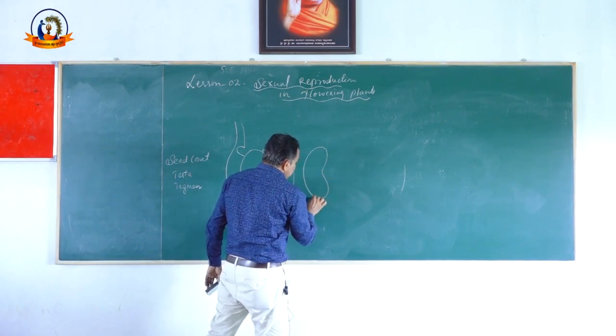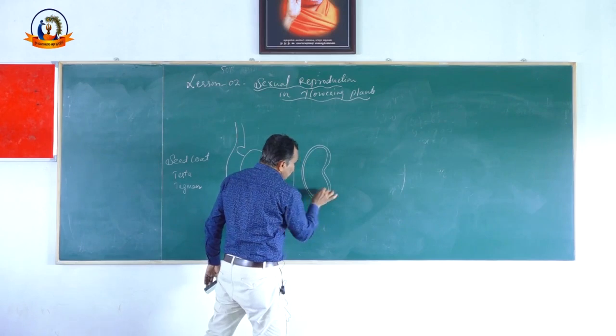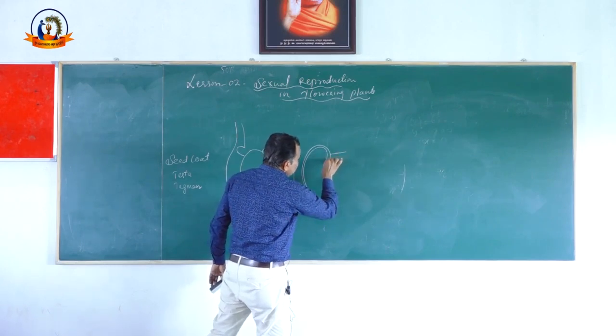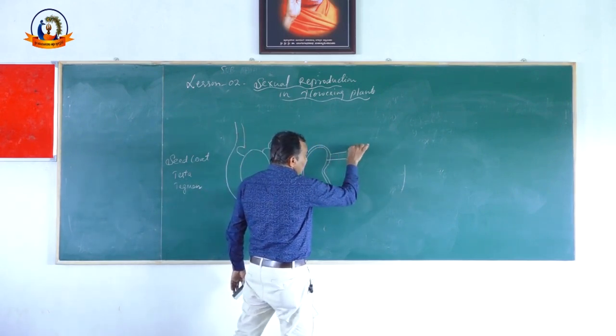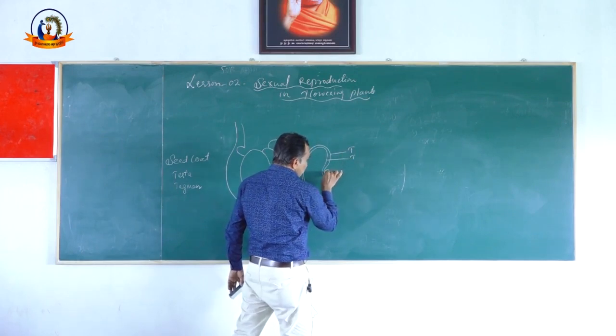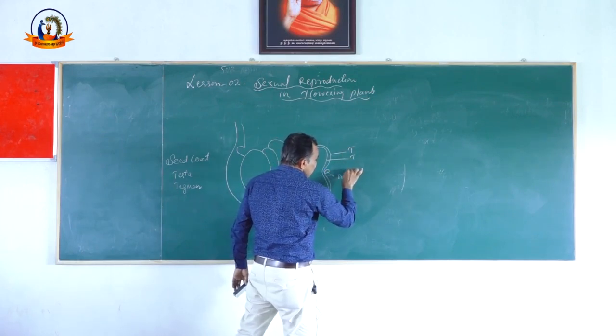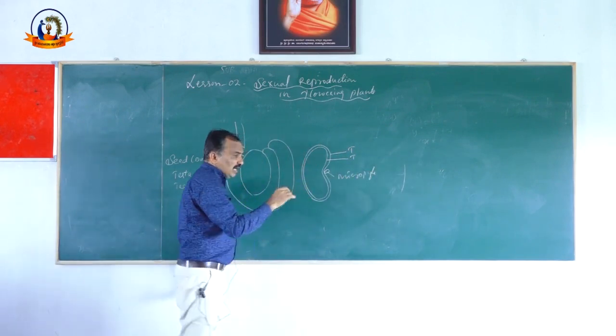This is the seed. This is the outer integument, the outer covering called testa; this is the inner integument, the inner covering called tegmen; and this part is called the micropyle. The micropyle remains as a small hole.